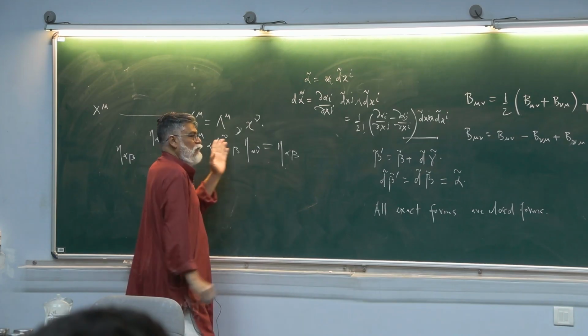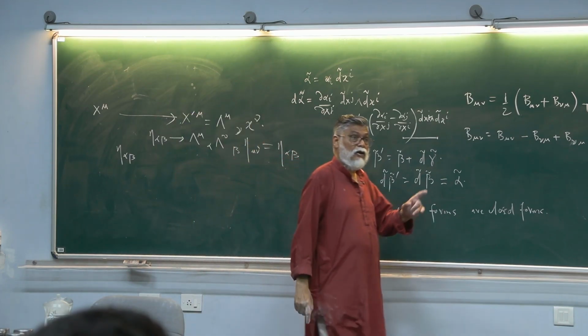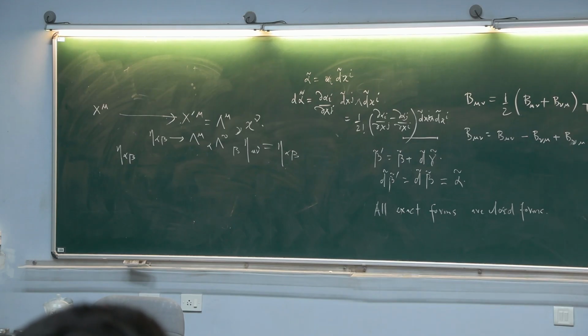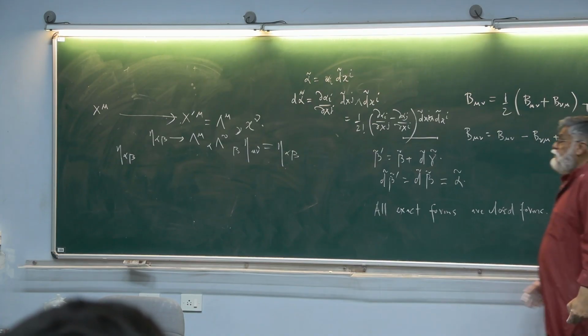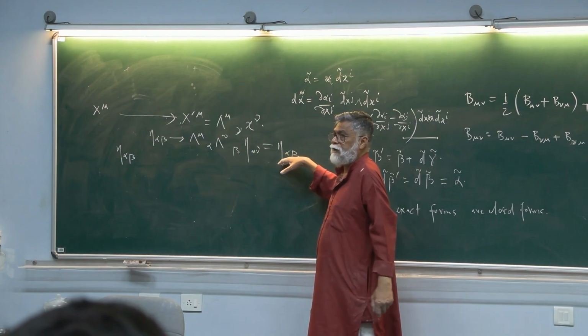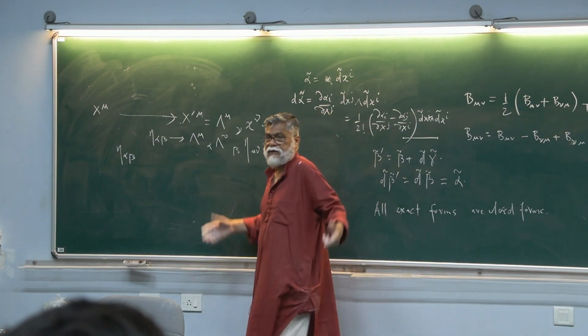So the definition of a Lorentz transformation is those 4 by 4 matrices, lambda alpha beta, for which when you apply it on eta mu nu, you get back eta alpha beta. They don't change.